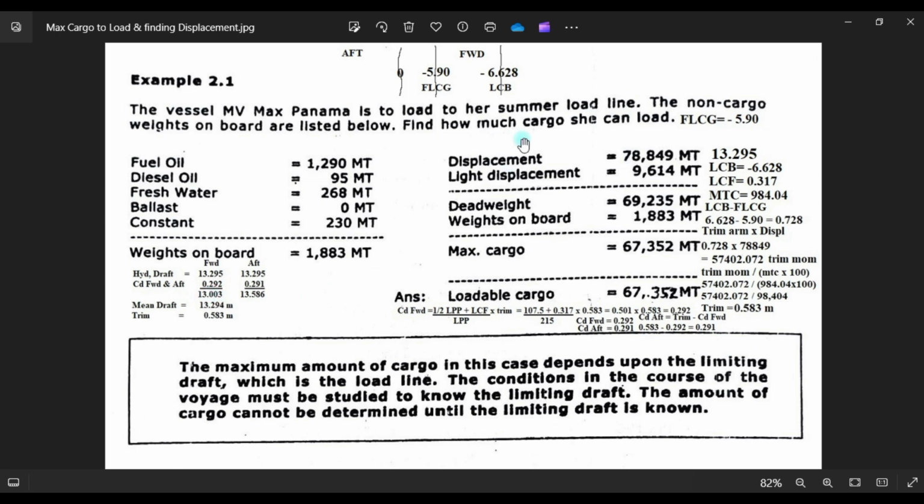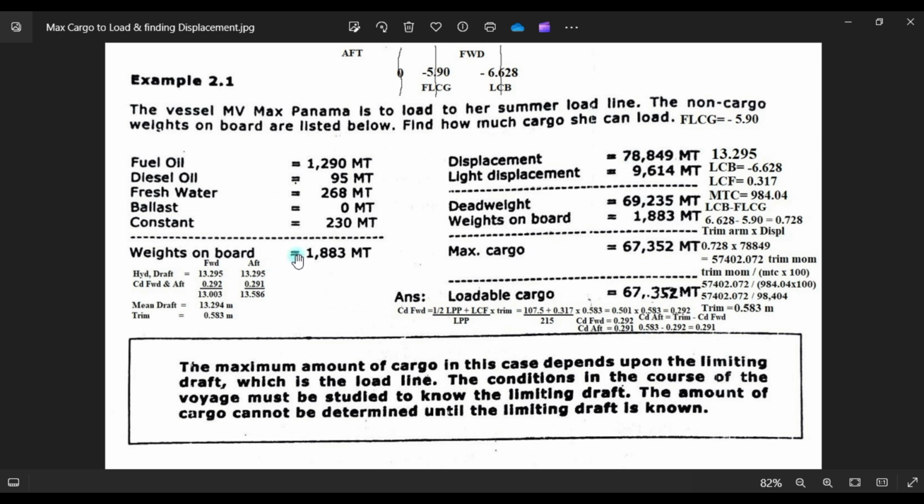Since you are trimmed by the stern, you apply the change of drop forward, meaning the forward part will rise up. So this drop, subtract your change of drop forward: 13.295 minus 0.292 will be 13.003.